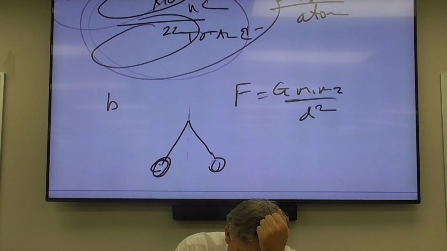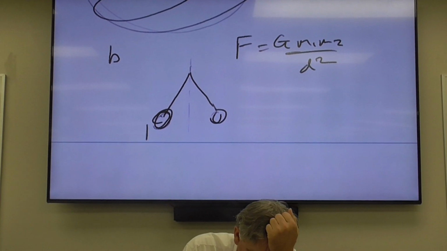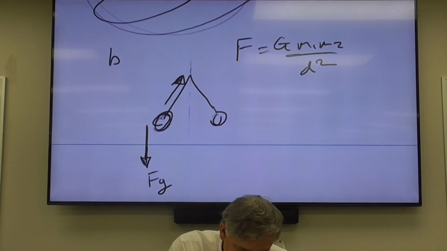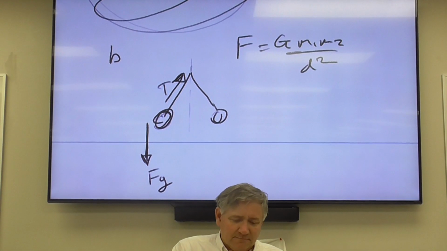If you look at what's going to happen, if you isolate each one, you've got your gravitational force acting down, and then you have your tension going this way. But here's the story.